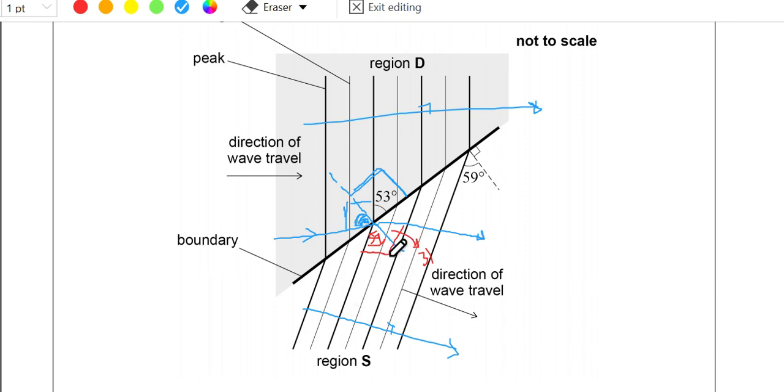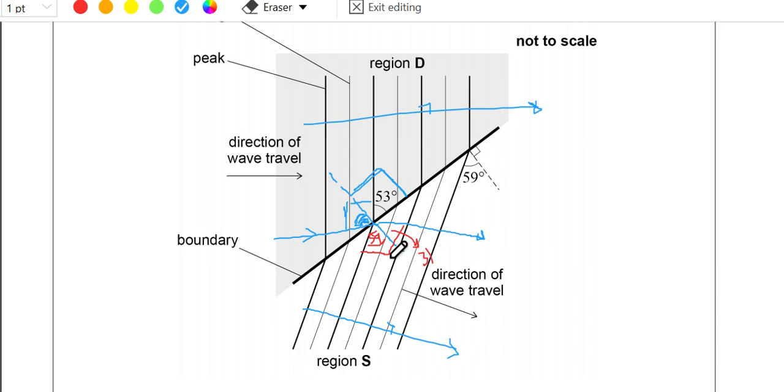But here for refraction we only care about the geometry here, perpendicular with wave front, okay, is 59.